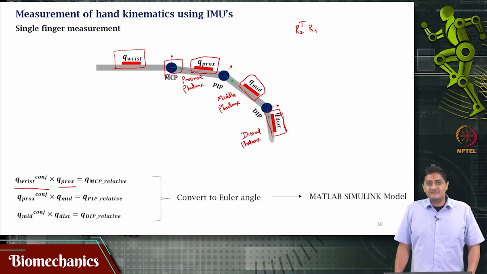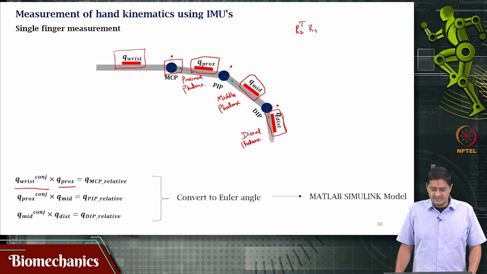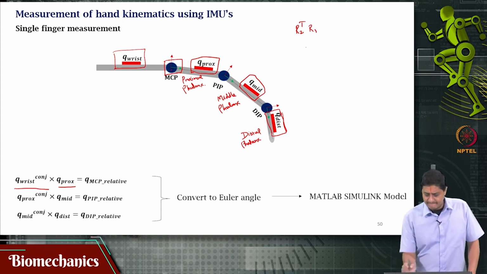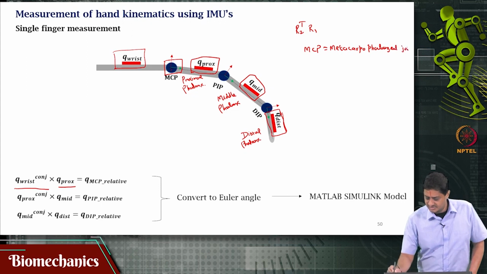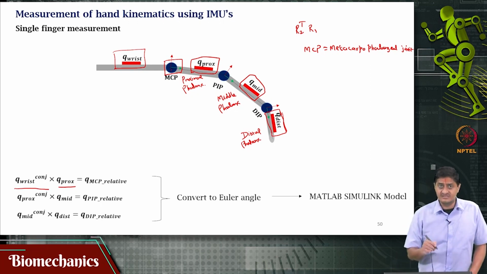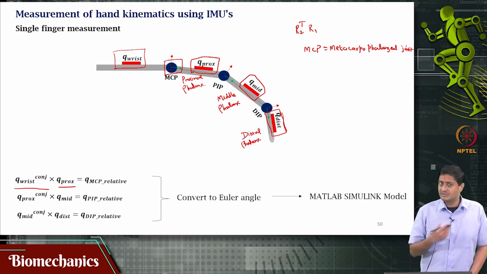The joint where the metacarpal bones meet the fingers is called the MCP joint, or the metacarpophalangeal joint. We did discuss this when we discussed the finger anatomy and biomechanics of the finger in one of the early videos.